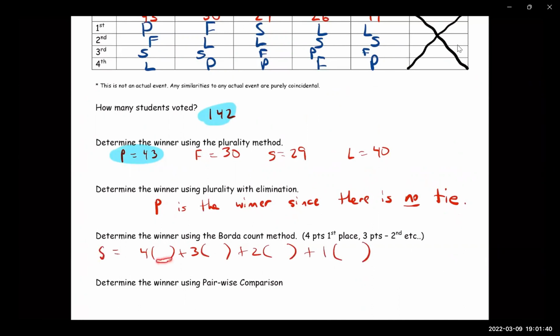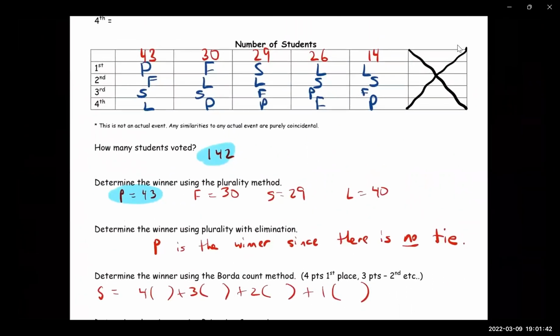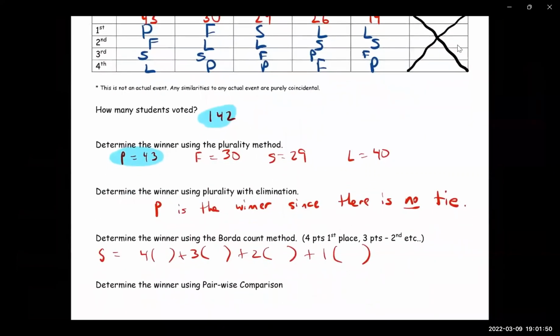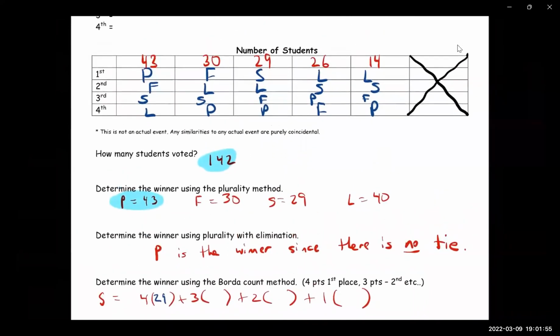How many first place votes did S get? 29. Second place votes for S? 40.